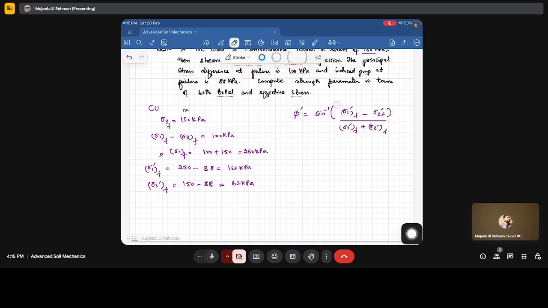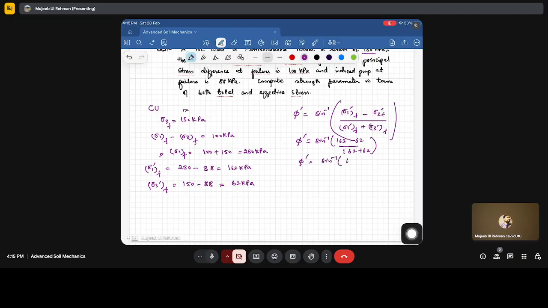Correct? Can you calculate this? Sine inverse of 162 minus 62 divided by 162 plus 62. So phi dash is equal to sine inverse of 100 divided by 224.